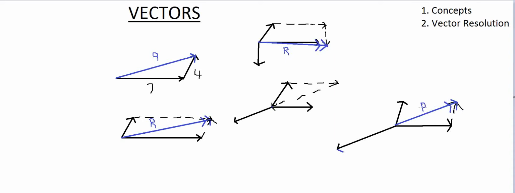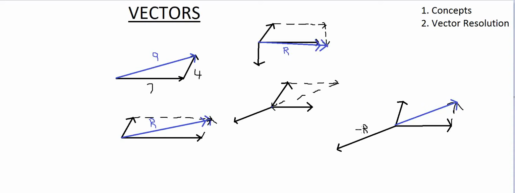r. So the magnitude of this third force will be r as well. But note that it is in the opposite direction.